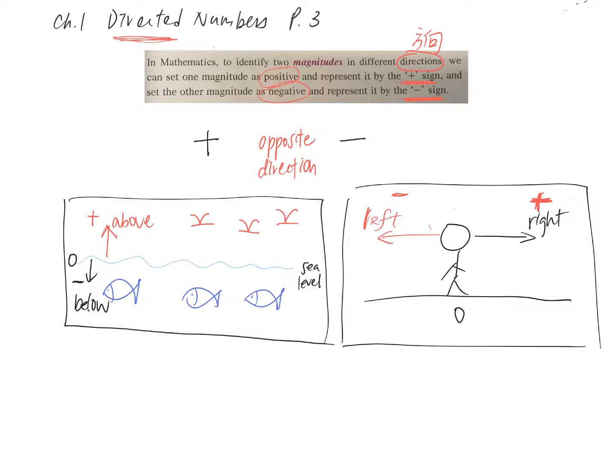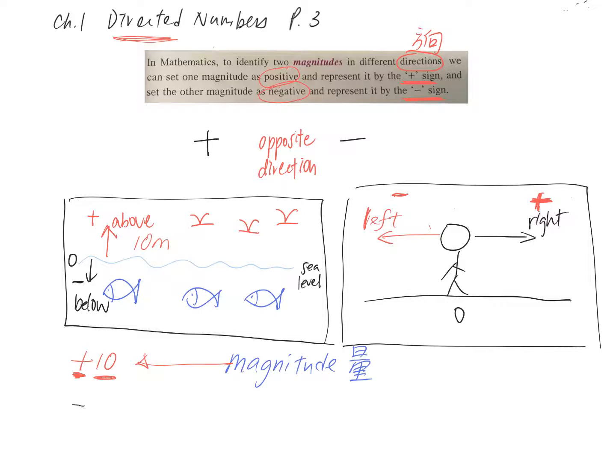Another very important concept is magnitude. In Chinese, 大小. Magnitude means by how much you're going in that direction. So let's say the birds are flying above the sea level by 10 meter, then I can represent it as positive 10: the positive is the direction, above the sea level, and the magnitude is by how much it is above the sea level.